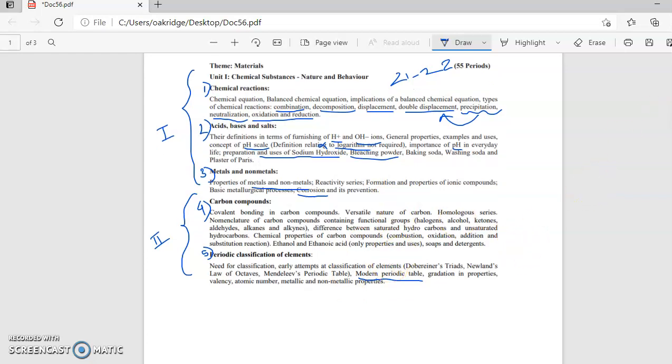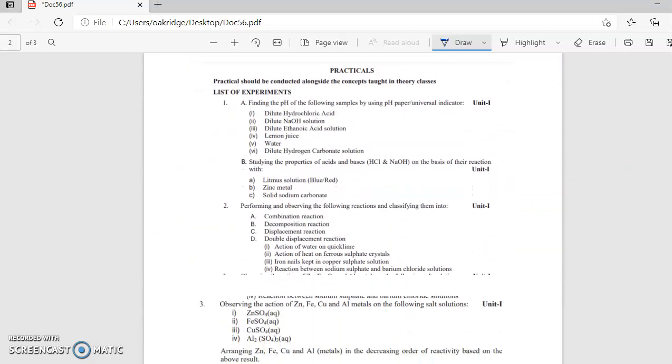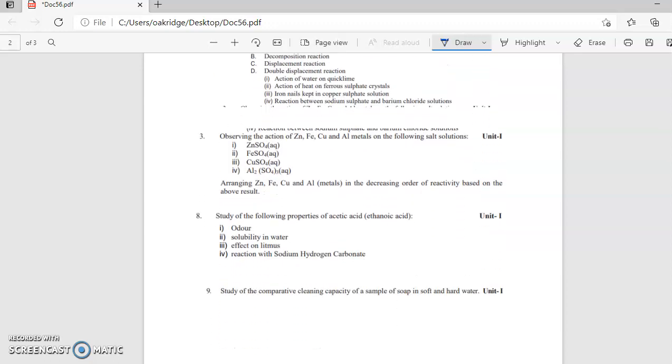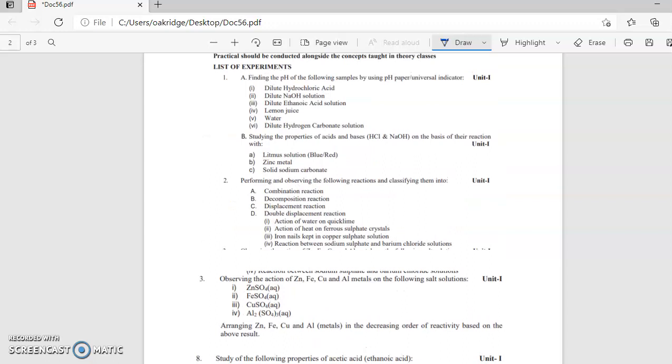Next, coming to the practicals part. These are the practicals involved in 2021-22. You can see there are 5 practicals in total. The first practical is testing the pH using pH paper or a universal indicator.